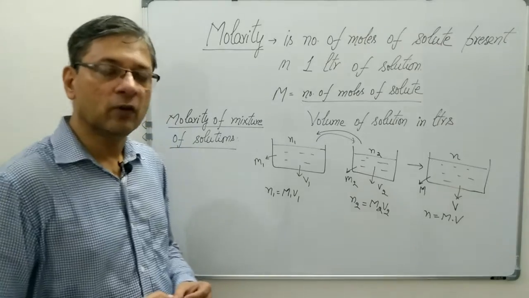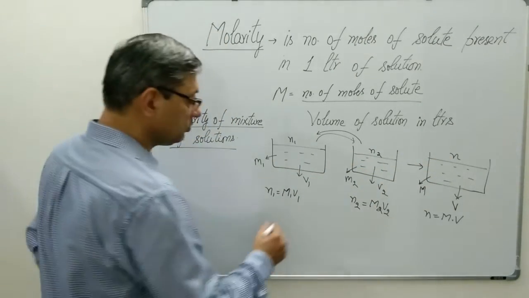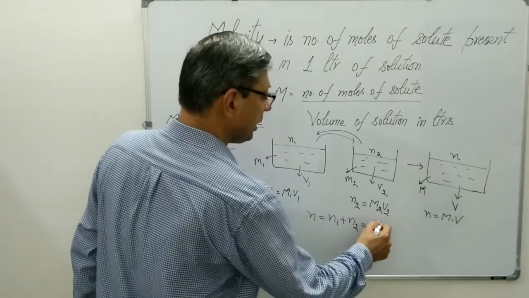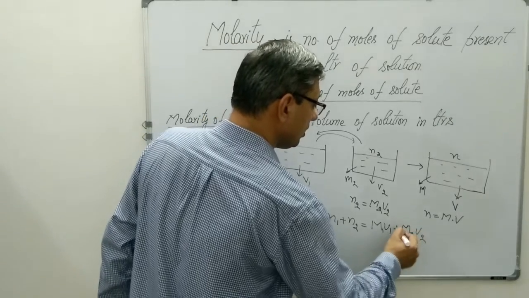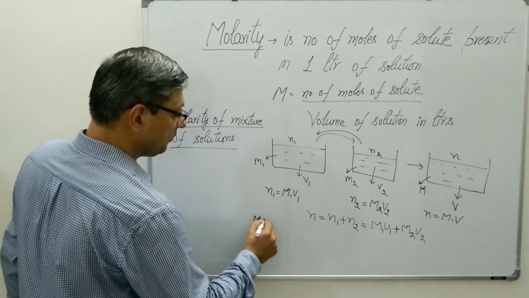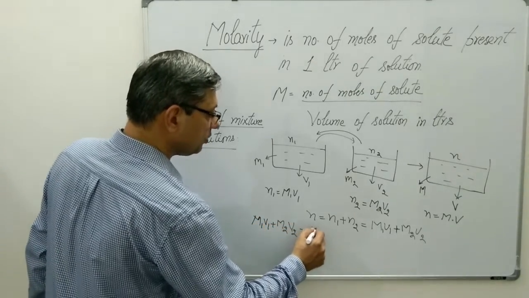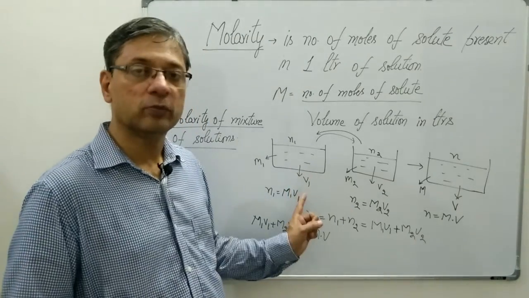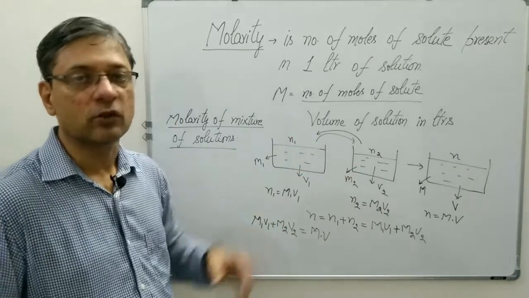Now number of moles are in whole numbers. Therefore, N will be equal to the sum of both N1 and N2. So I can write N is equal to N1 plus N2, or M1 V1 plus M2 V2. Putting the value of N in the last equation, I will be getting M1 V1 plus M2 V2 is equal to M into V. Now volume of mixture will be equal to the sum of these volumes because this mixture has been formed by combining both these solutions.